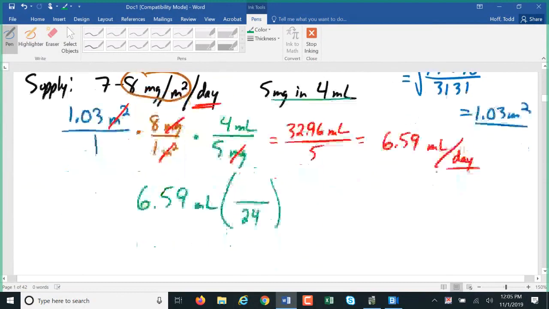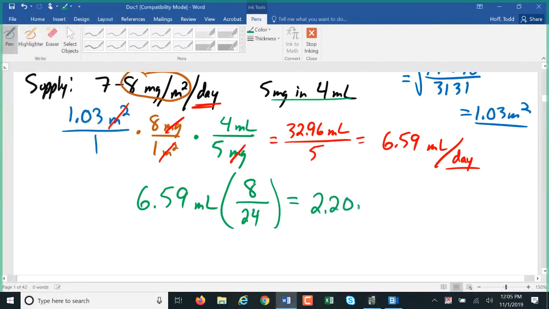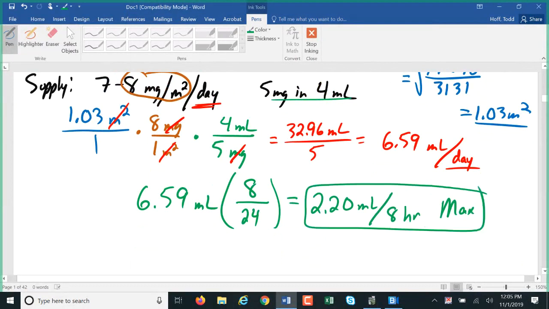We're going to titrate that to the doctor's orders of 8 hours. 6.59 times 8 divided by 24. This is 2.20 milliliters every 8 hours. It's our maximum recommended dose.